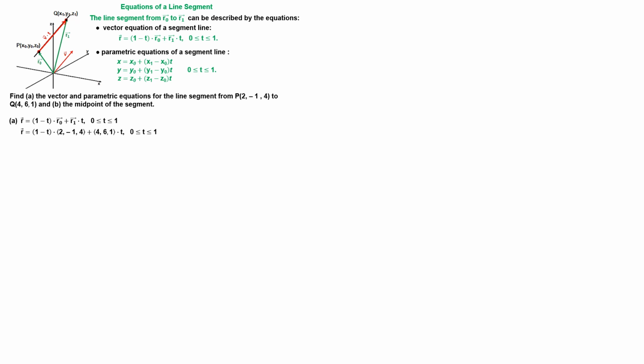In other words, point P becomes the position vector r sub 0, and point Q becomes the position vector r sub 1. All we have to do now is rearrange the equation and subtract the components.